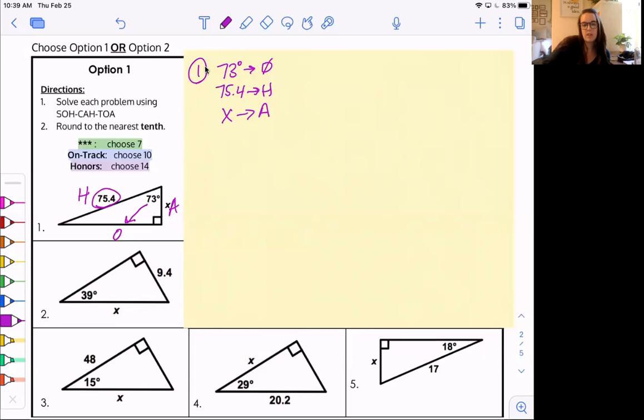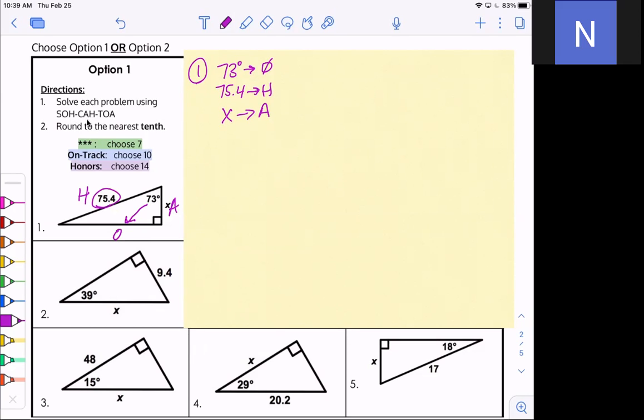Okay, cool. So then you found your givens and your unknowns. Did you decide if it was sine, cosine, or tangent? I forgot which one it is.